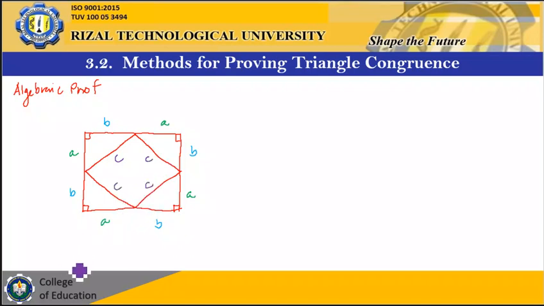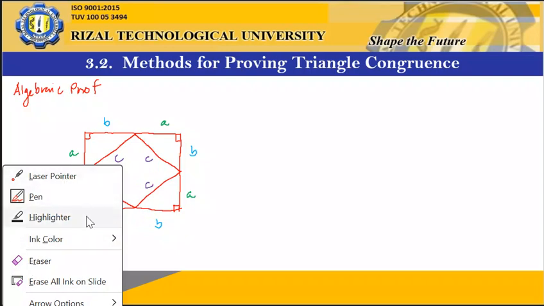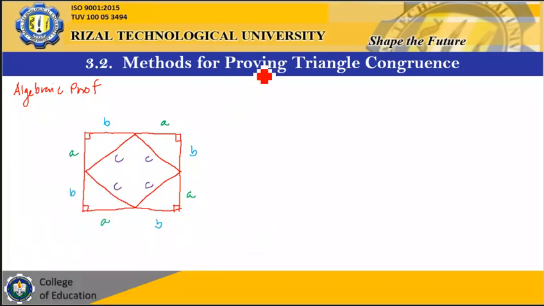Okay. Now, so we know that the formula for finding the area of the square is side squared. And of course, the formula for finding the area of a triangle is 1/2 base times height.